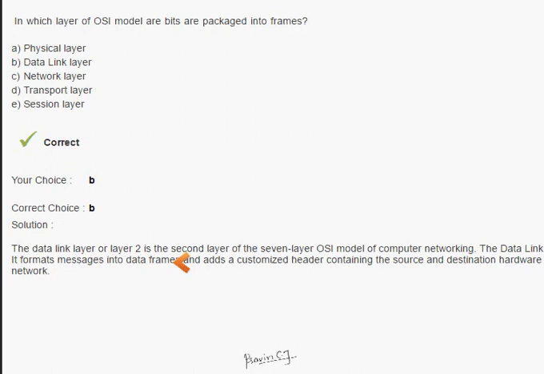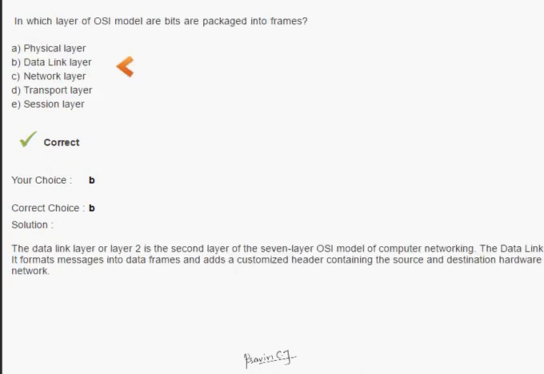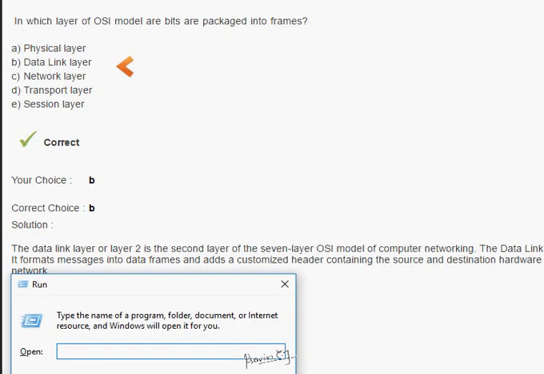So the answer lies in which layer a switch works at, and we know it works at the data link layer. If you know the answer, that is always good, but if you don't, you need to think in this way. You must know which layer what lies at.